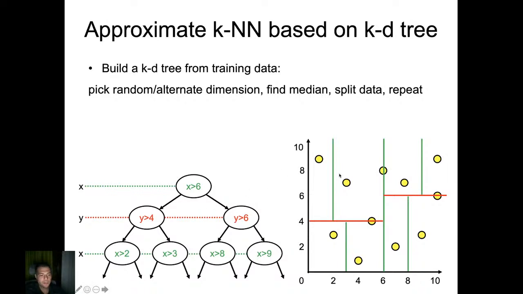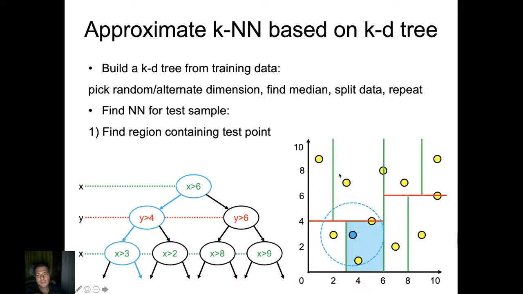Now, for example, if we get a new test data point, instead of computing the distance from this point to every data point in our training data, we're just trying to find the region that contains the data point. So we first take this dimension and compare it with the value in the node.